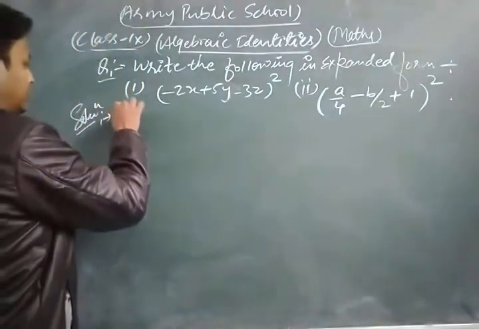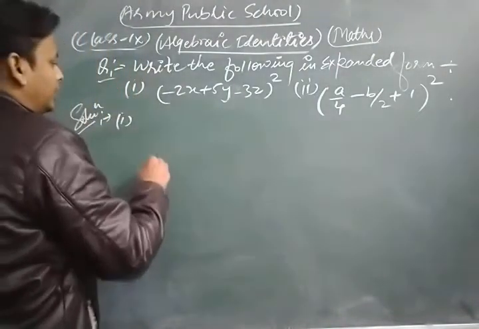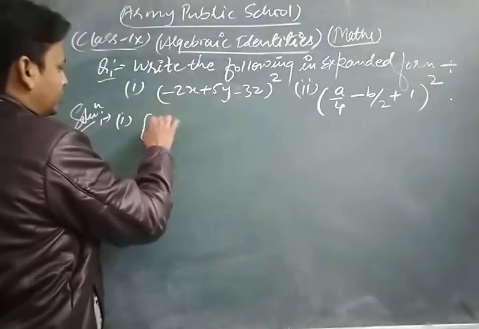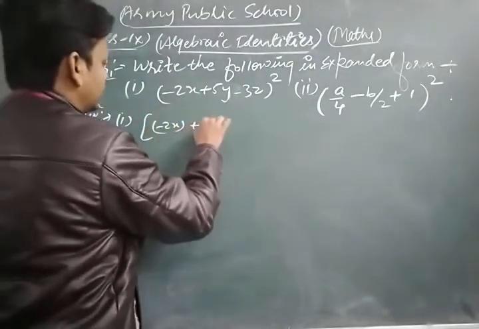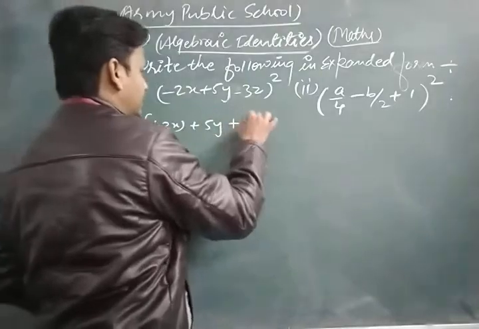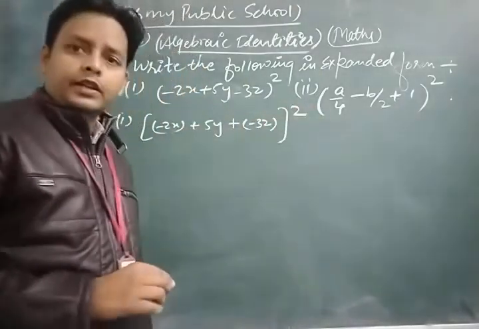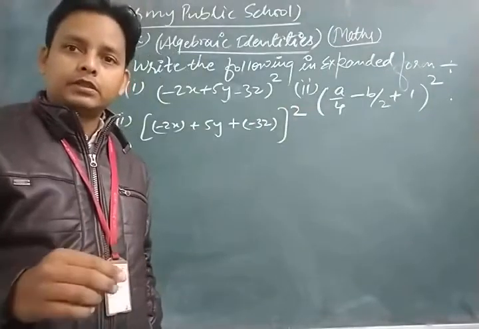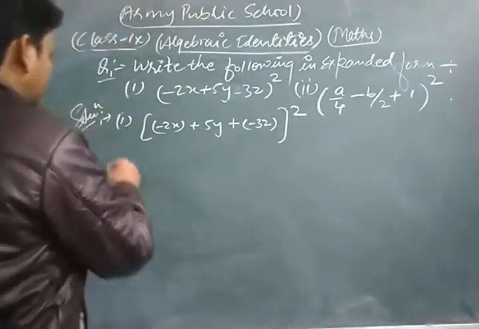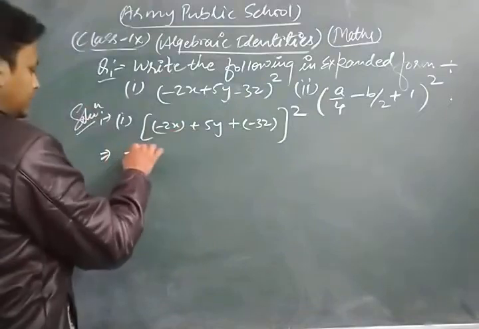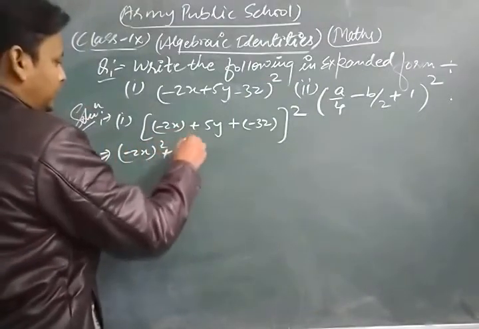First we take the first part. We can write the given question in this way: minus 2x plus 5y plus minus 3z whole square. We know the identity (a plus b plus c) whole square, so we expand it.